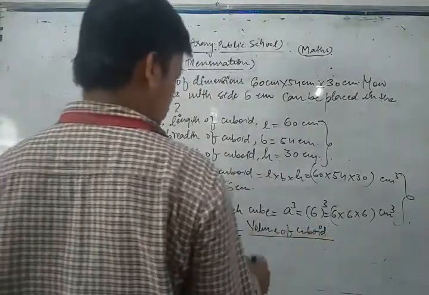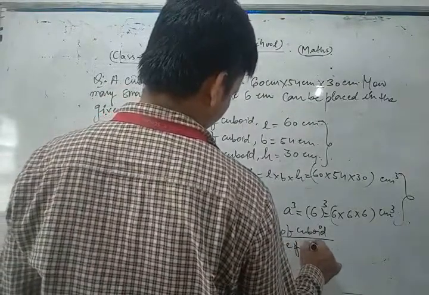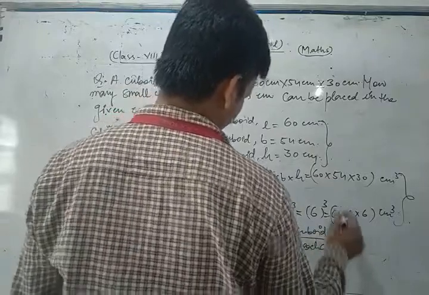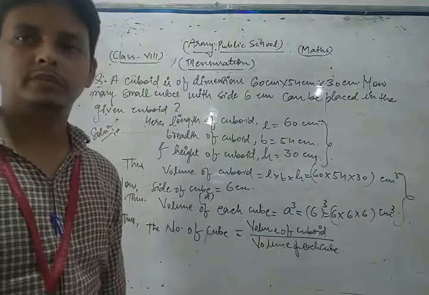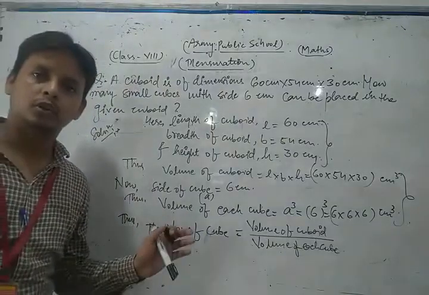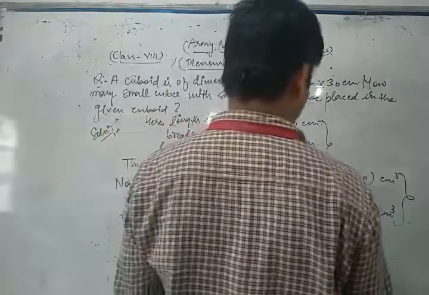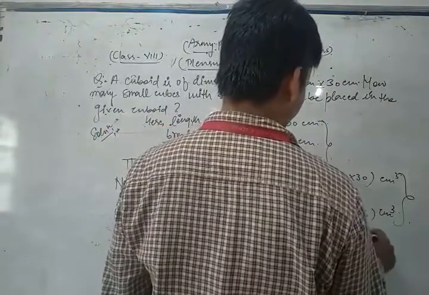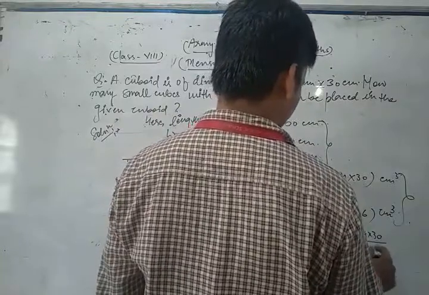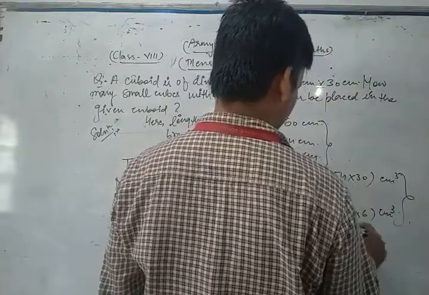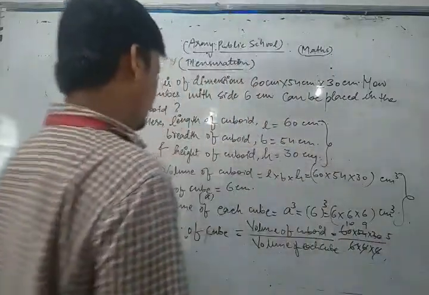Volume of cuboid upon volume of each cube. This is the method to solve that type of question. So now look, volume of cuboid is what? This is 60 into 54 into 30 upon 6 into 6 into 6. So 6 tens are 60, 6 nines are 54, 6 fives are 30. So we get what?